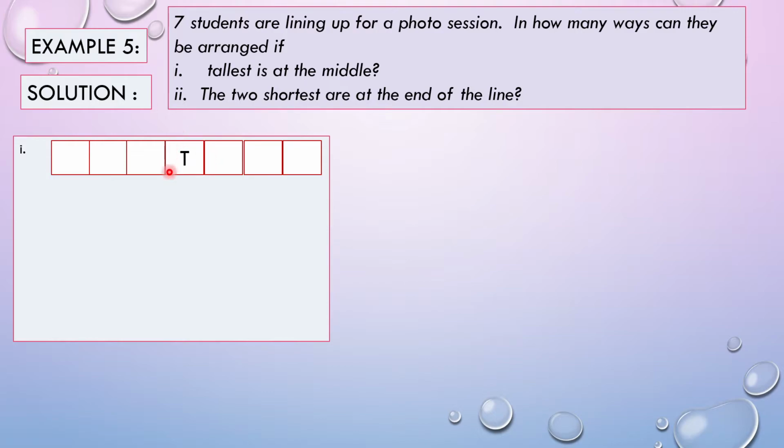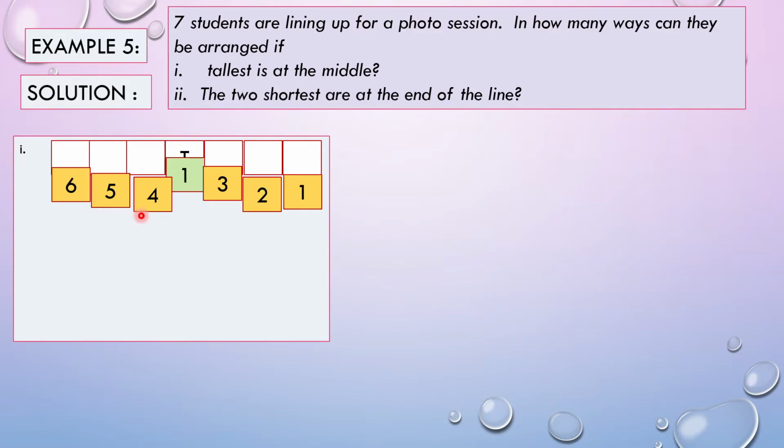Since we have only one option here, therefore it is 1. Next, the rest have no condition to fulfill, so I can just substitute. 6 students left, then 5, then 4, 3, 2 and 1.